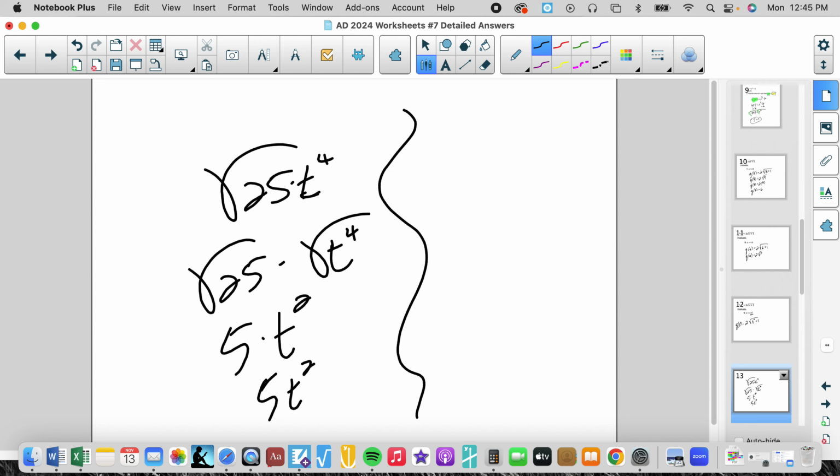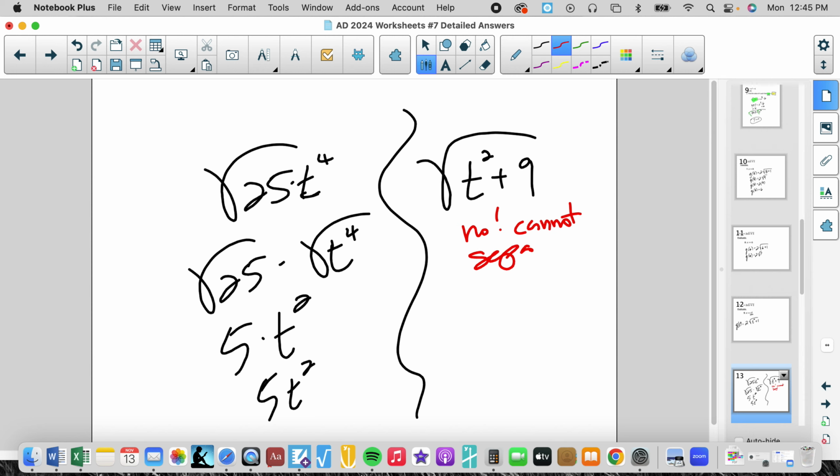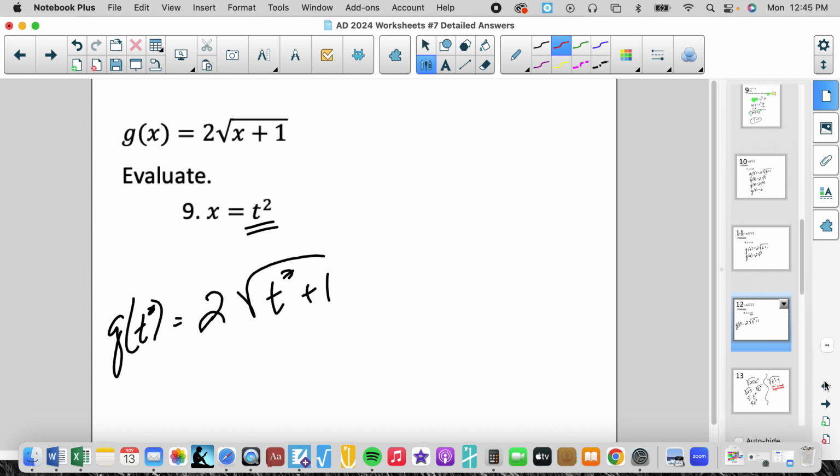But if we have something being added and subtracted, like t squared plus 9, we cannot break those up. You cannot separate. Even though both are perfect squares, we can't do t plus 3. So do not separate. There is a little bit of a tricky one, but that might come later. So that would be my answer, because I can't separate the t squared and 1, even though both are perfect squares.